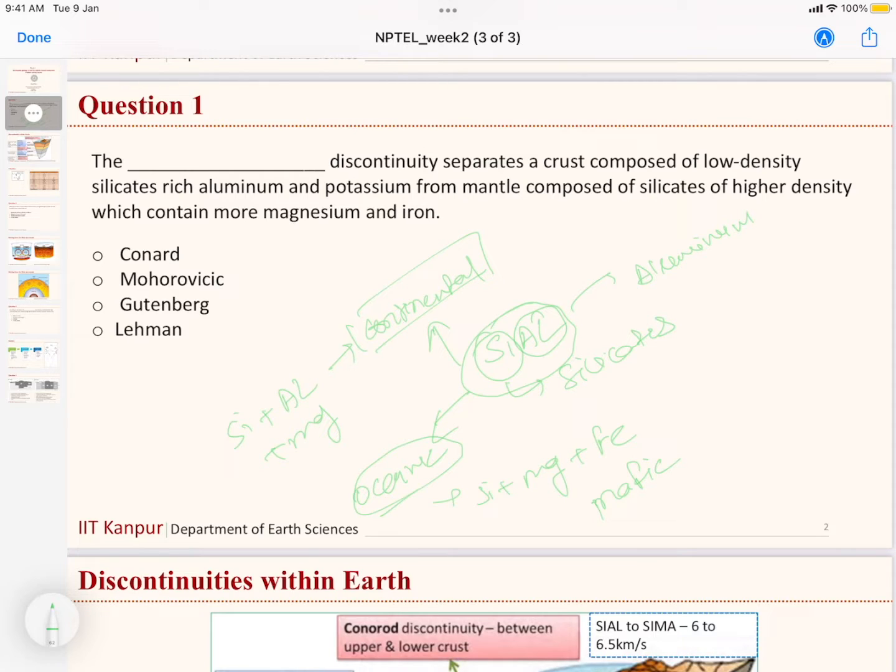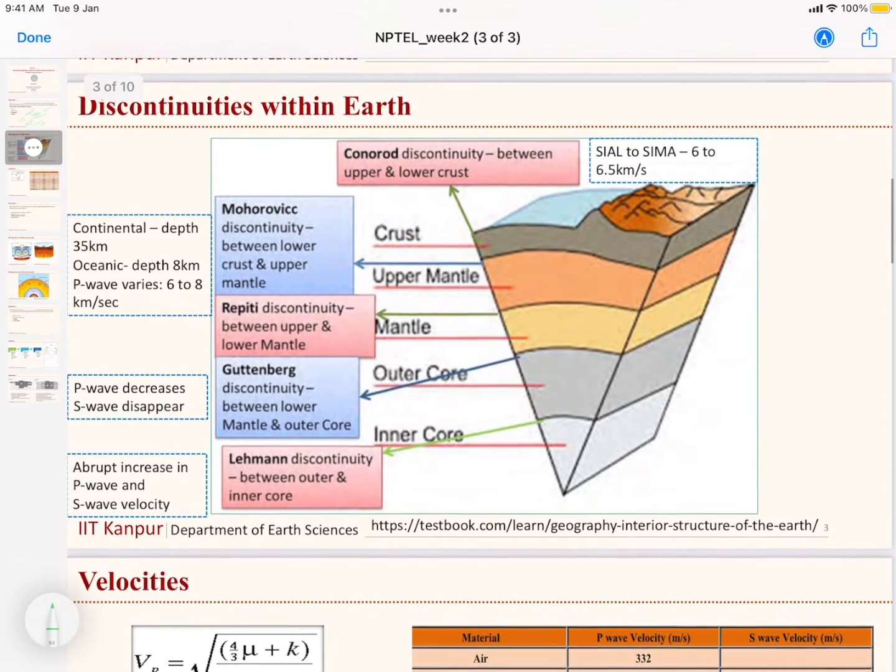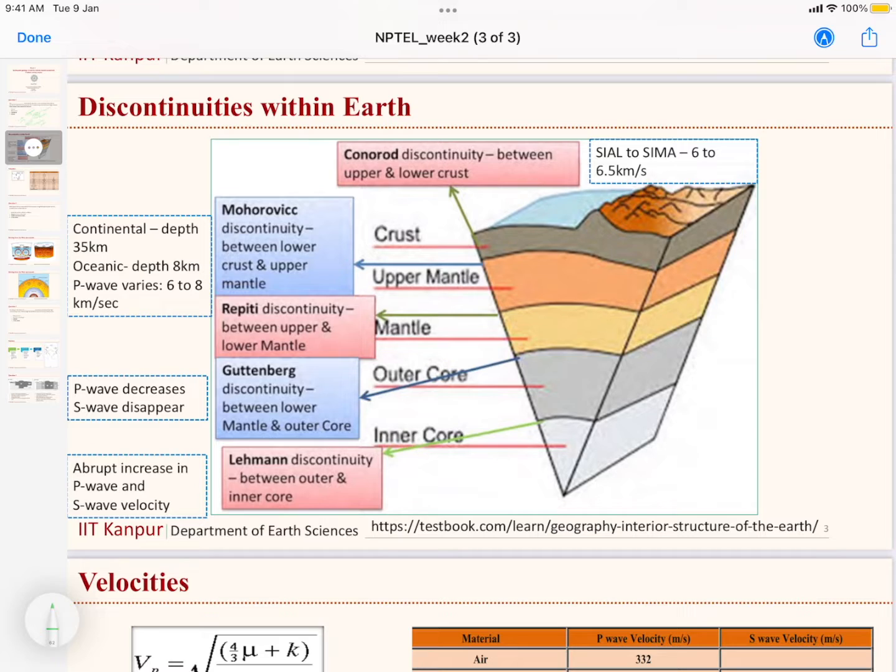If we look into the Earth's internal structure, there are lots of discontinuities. Why is there discontinuity? Because there is variation in the density and phase changes. So let's understand what kind of discontinuities Earth has. This is the image, where we can see that the first layer of the Earth's internal structure is the crust.